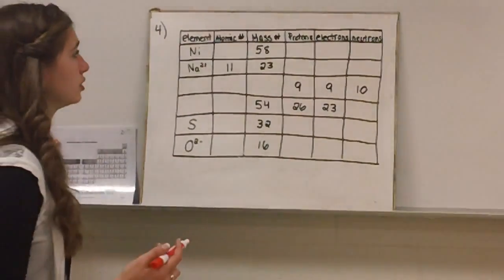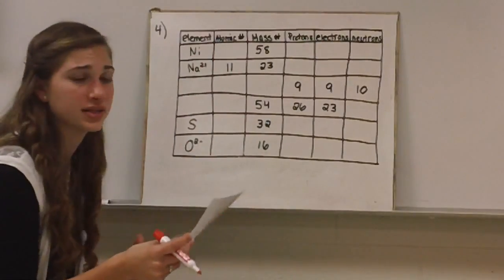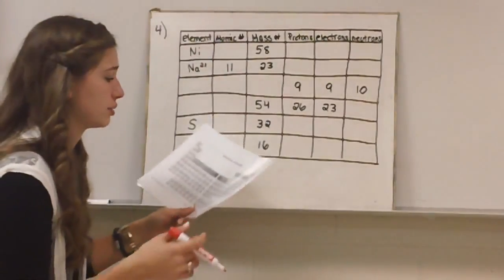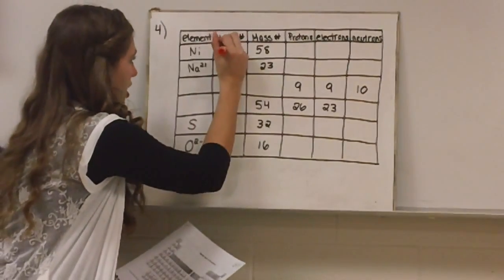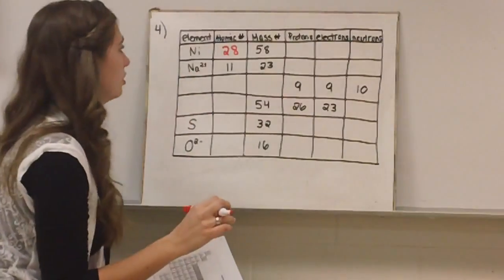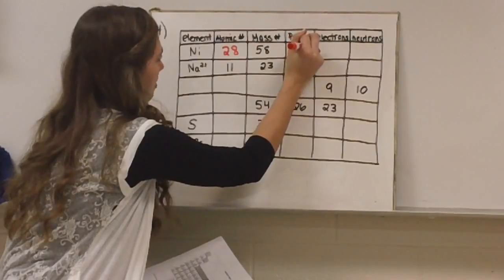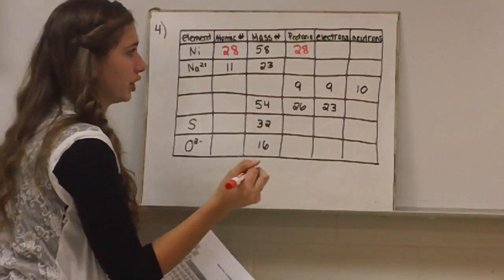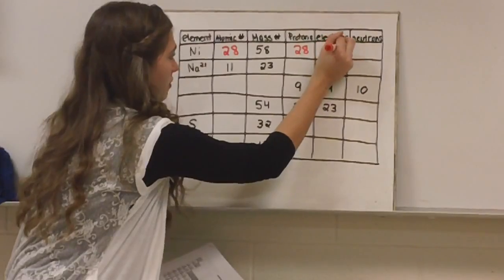The first thing that I would do here is look up the atomic number for nickel. You can do that using your periodic table. So nickel is number 28. We're dealing with a neutral element here, so our protons are always the same amount as our atomic number, and since it's neutral, our electrons are going to be the same number as well.